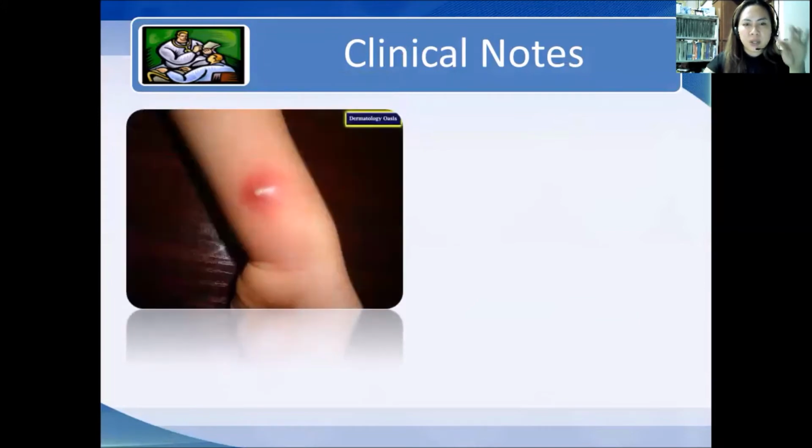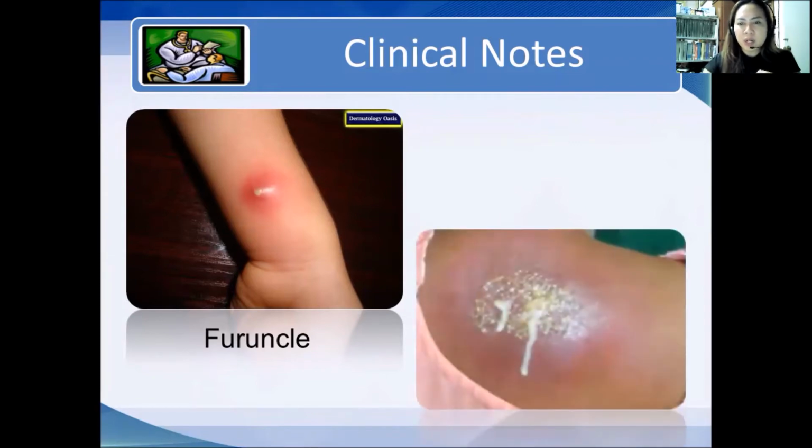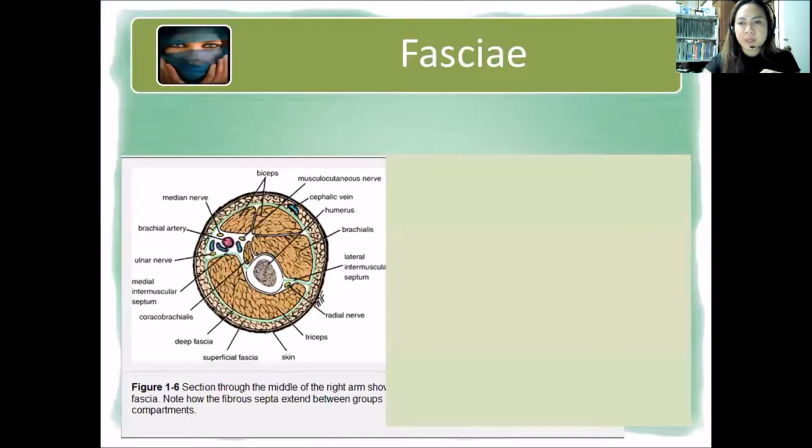Okay. So this picture is a picture of a furuncle. So maybe at one point, nagkaroon kayo ng ganito, no? And this one, medyo mas severe form, is the carbuncle. Okay, they're caused by your Staphylococcus organism.